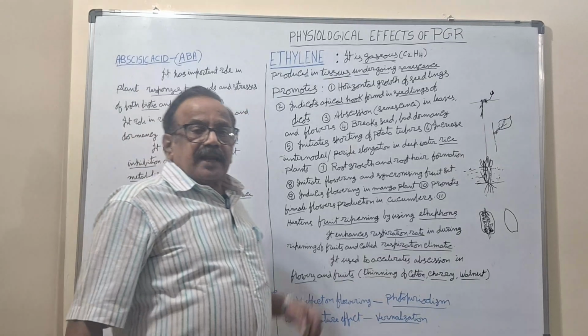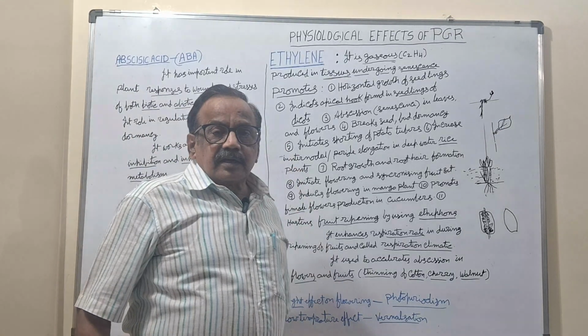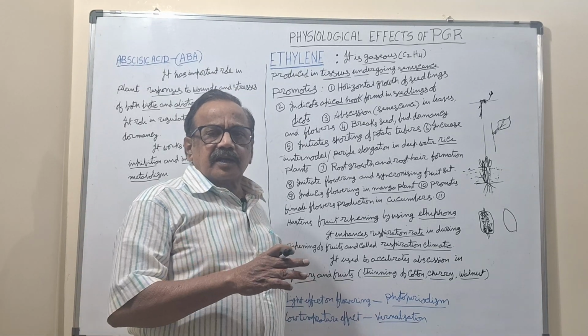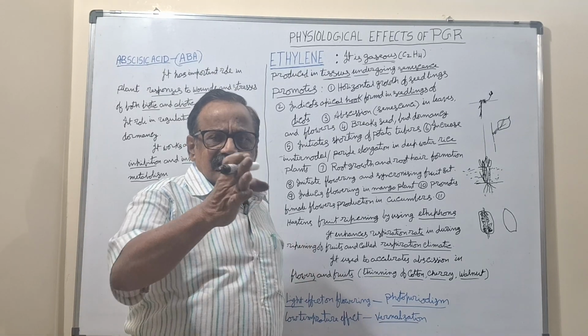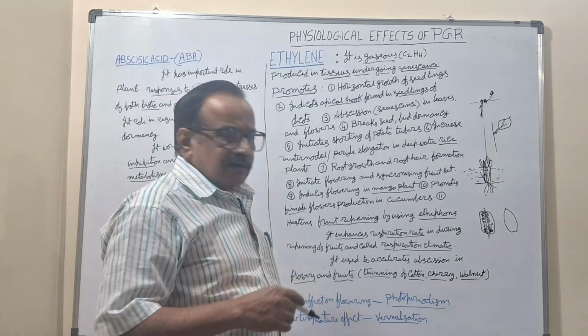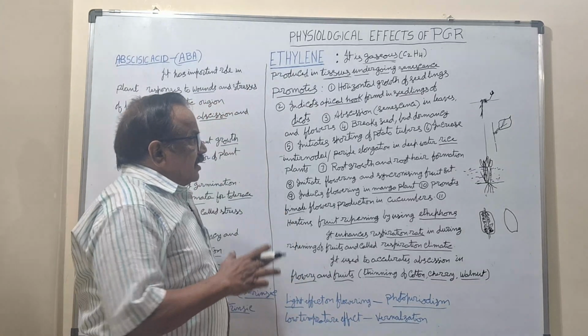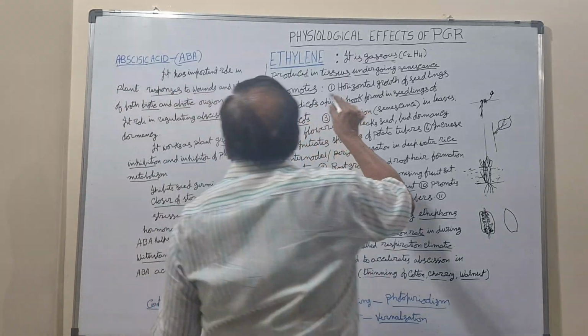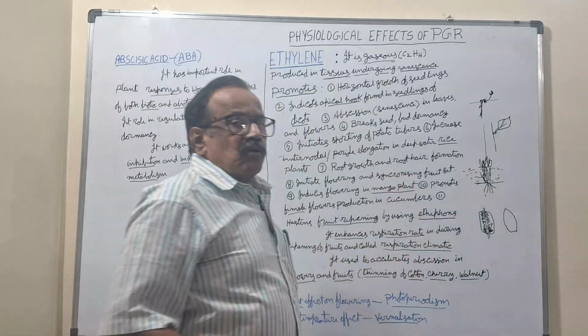And not only these, plant movements, that is phototropic, geotropic, and chemotropic, and all the things you studied in 10th class also. All this will be controlled by the plant growth regulators. These are the things that come under ethylene and abscisic acid, which are the most important.